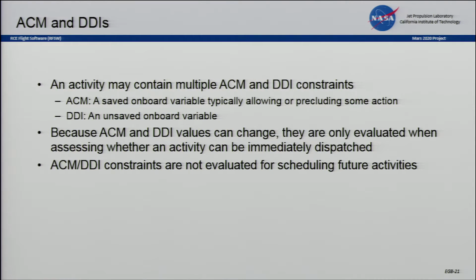These can be evaluated and used to determine whether or not we can start a given activity. It's a constraint on the activity, essentially. Because they're onboard values, we're not exactly able to predict them, so they have to be evaluated as you're dispatching the activity.